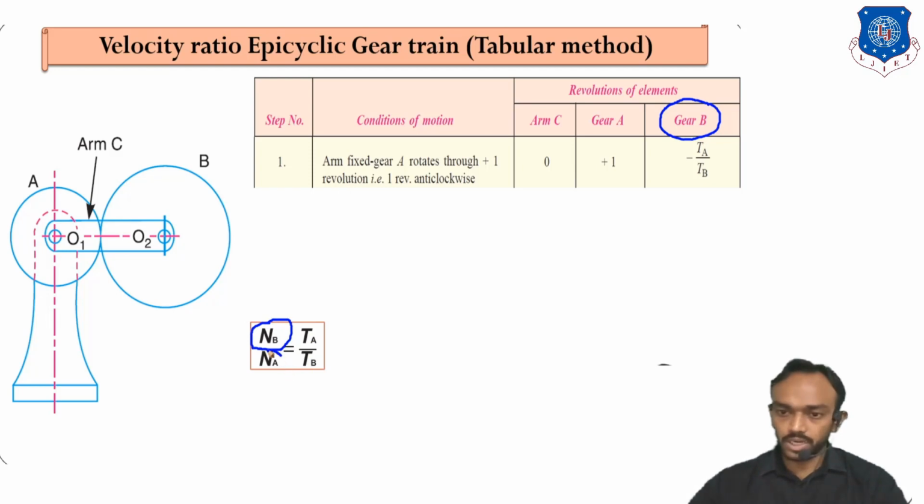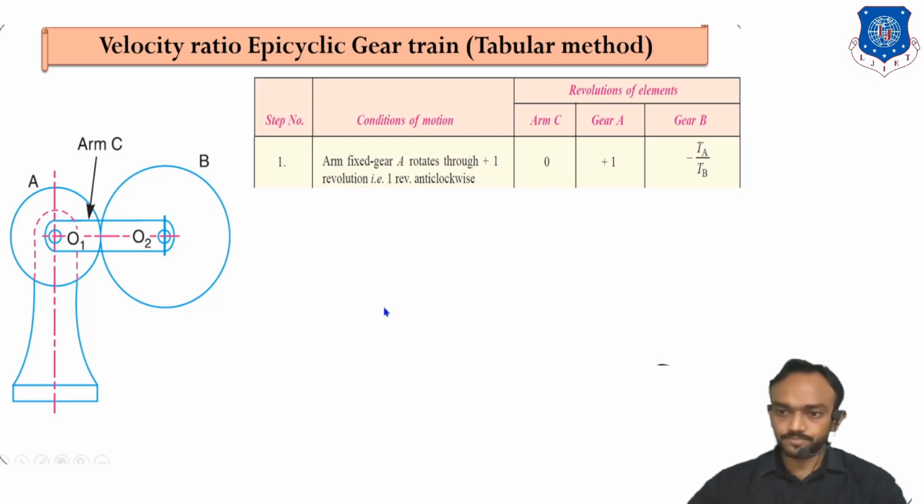What is the RPM of gear A? It is 1. You can see here that gear A has +1 revolution, so NA is equal to +1, and NB is equal to TA upon TB.